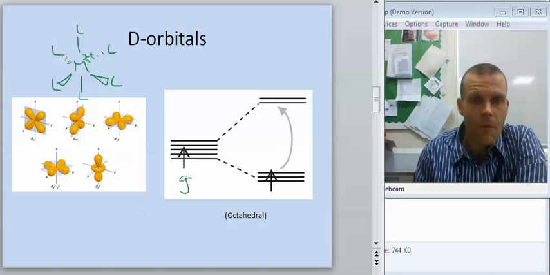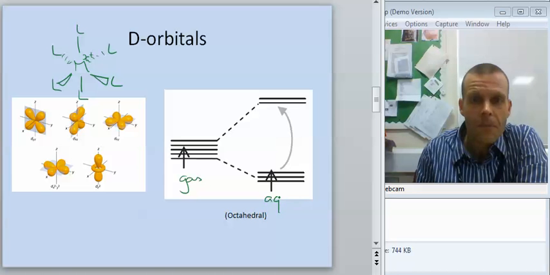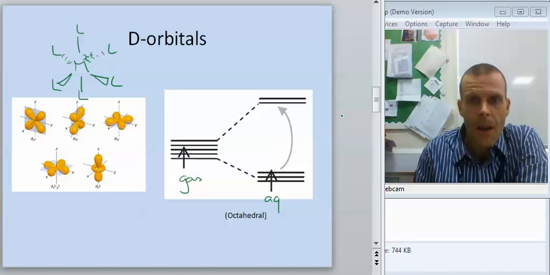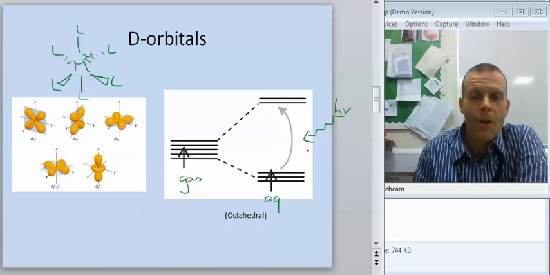So if we come out of the gas phase for our transition metal ion, and we're over here as an aqueous solution, let's say, then our electrons can move between these two levels. This is quite a small gap in energy, but what's required is some energy to excite an electron up to the next level, and that energy comes in the form of light. So we get some light shining on it. It might be that that absorption corresponds to one of the frequencies within the visible region.